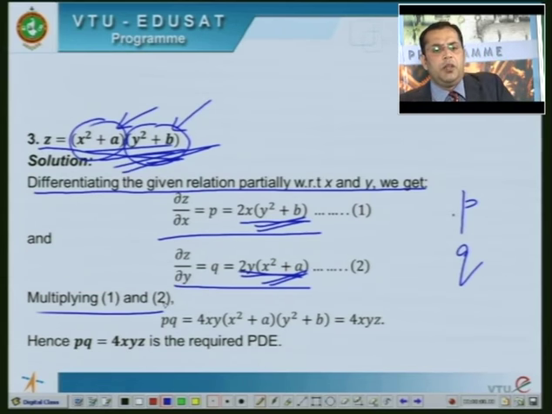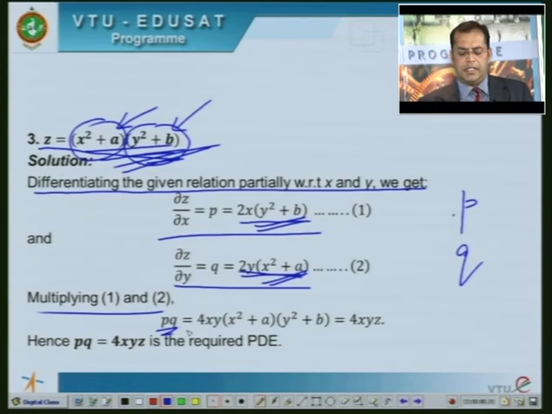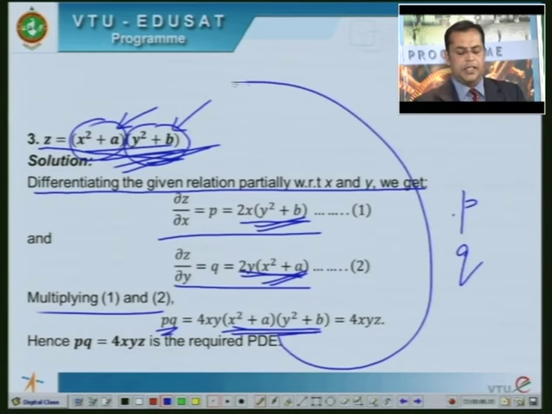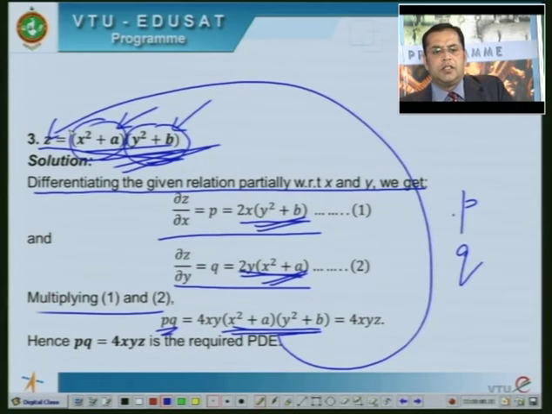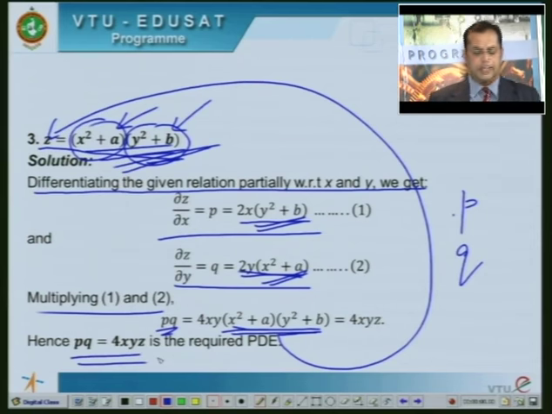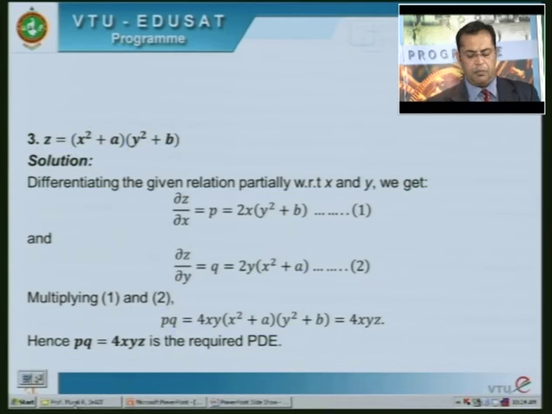Multiplying 1 and 2, left hand side gives me pq, right hand side 2x into 2y will be 4xy into (x square plus a) into (y square plus b), but (x square plus a) into (y square plus b) is the given expression z. So, finally we get pq equal to 4xyz as the required PDE.